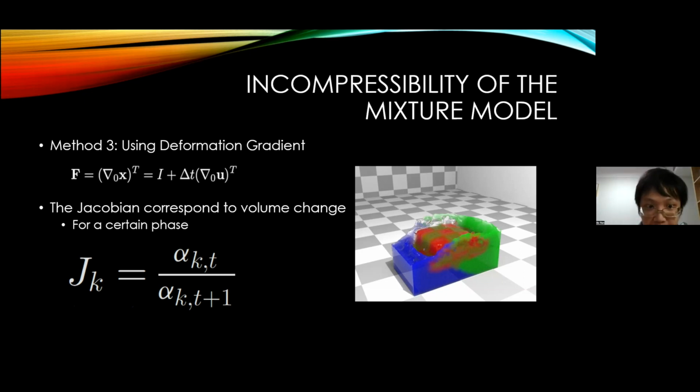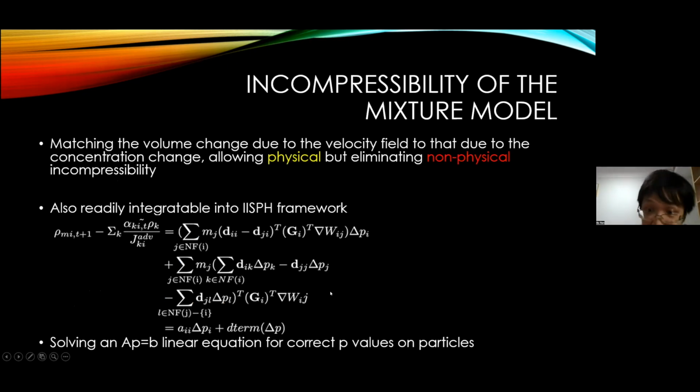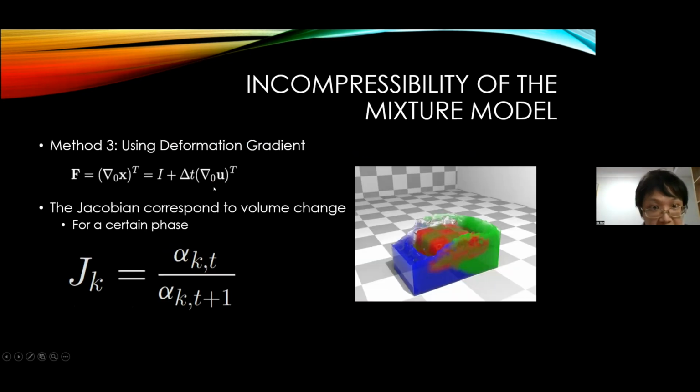We can prove that the J_k, the Jacobian of the local deformation gradient, corresponds to the volume fraction change rate. This is derived from the continuity equation. And if we look at the momentum equation, we can directly compute a deformation gradient from the physical definition.